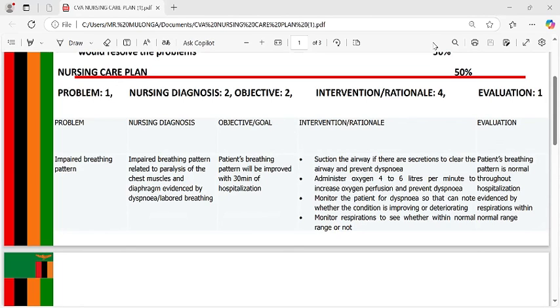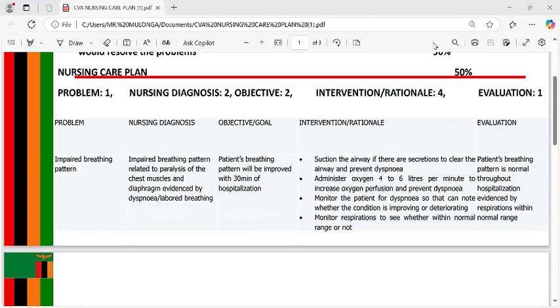From there, we move to objective or goal. Remember, the goal has to be smart. So our goal is: patient's breathing pattern will be improved within 30 minutes of hospitalization. What we mean is that this person cannot stay with labored breathing for more than 30 minutes.